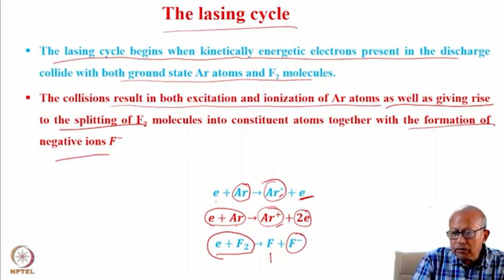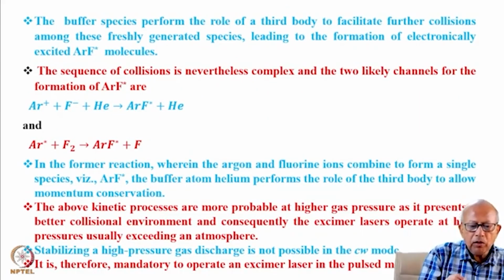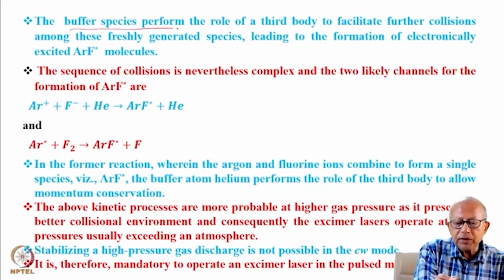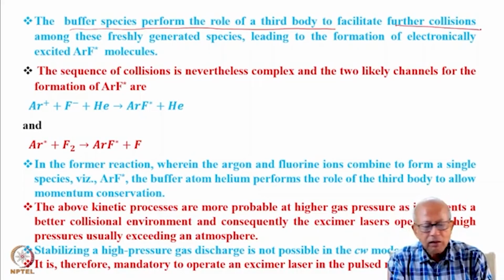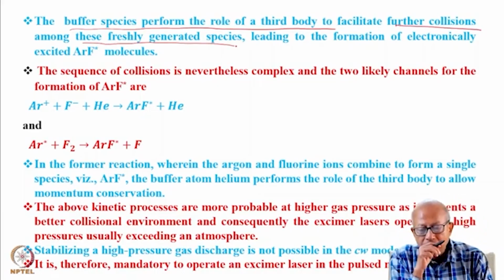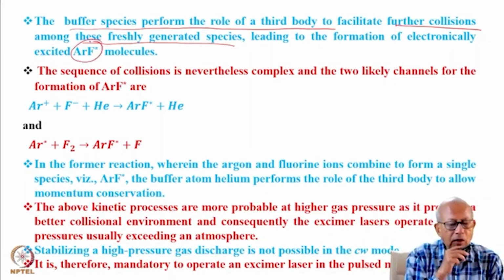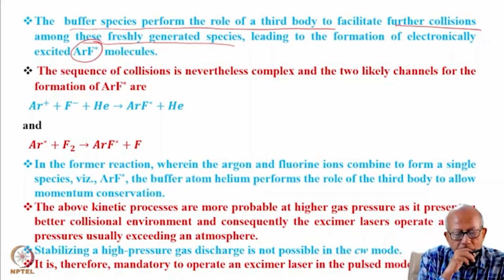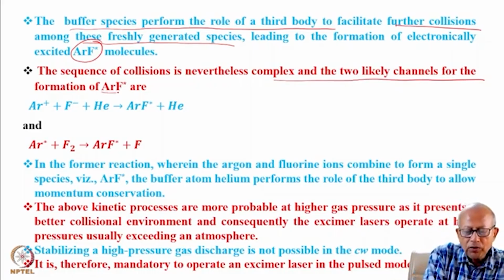But how does the argon fluoride, the halogen fluoride, form? We'll come to that. The buffer species performs the role of a third body to facilitate further collisions among these freshly generated species, leading to the formation of electronically excited argon fluoride. The sequence of collisions is nevertheless complex, and the two likely channels for the formation of argon fluoride in the excited state are these.